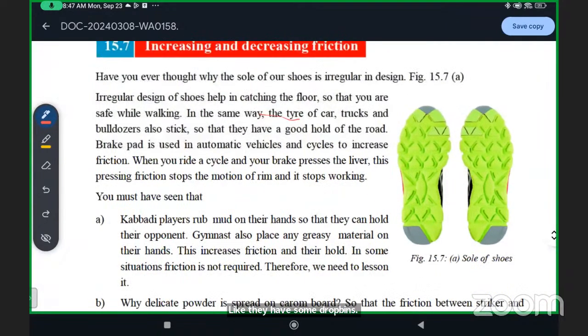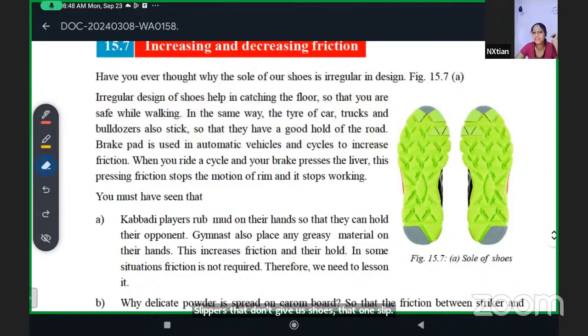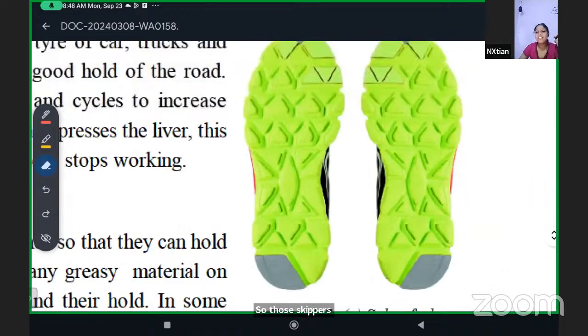Why? Because we will be safe while walking. When we go out to buy slippers or shoes, we say, give us slip-proof slippers, slippers that don't slip. So those slippers or shoes that they give us have a sole like this.